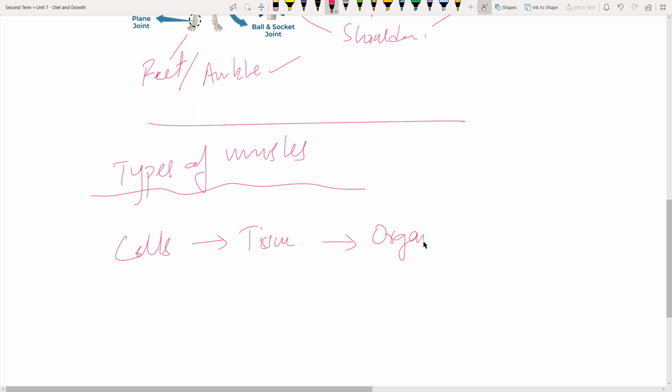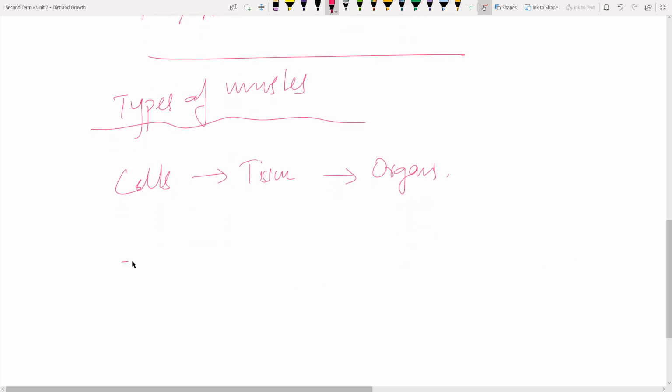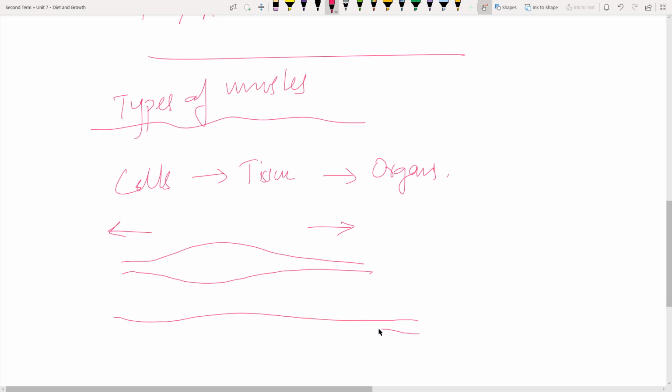So your muscles are organs, or tissues which work together in two manners. If I draw a muscle, consider that it is a long elongated tissue which has the capacity to move, expand, to allow certain movement to be done.